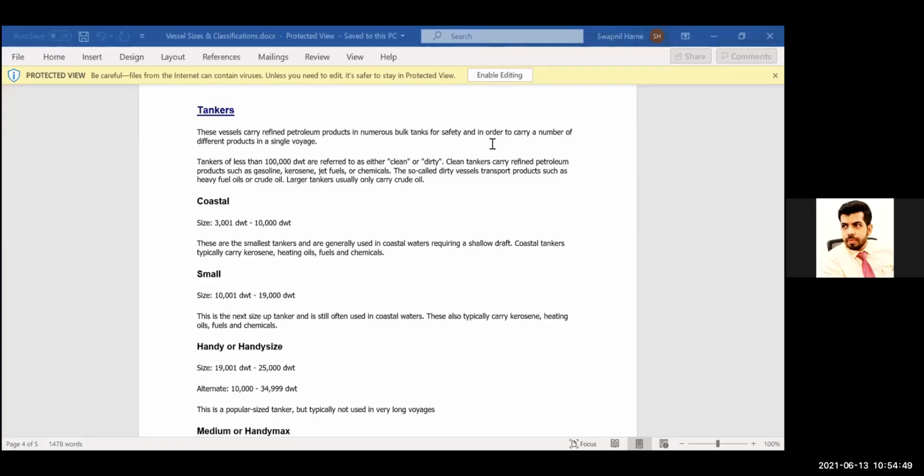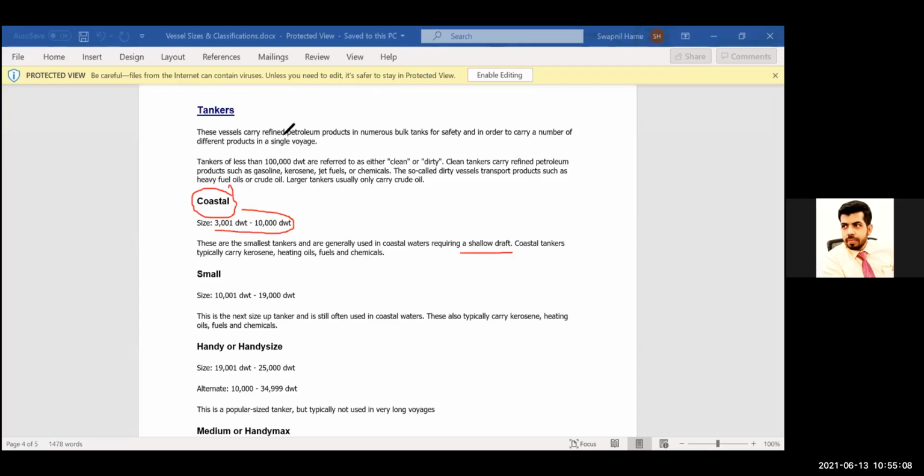Can you see now? Yes, sir. Okay. So first is coastal, the smallest one. Size from 3,000 deadweight to 10,000 deadweight. It has a shallow draft.